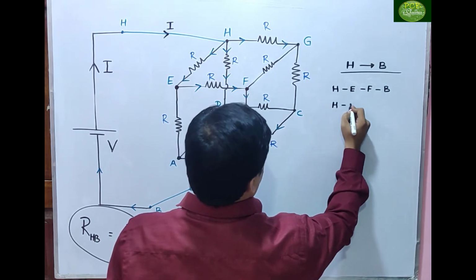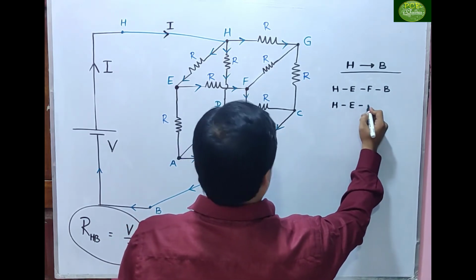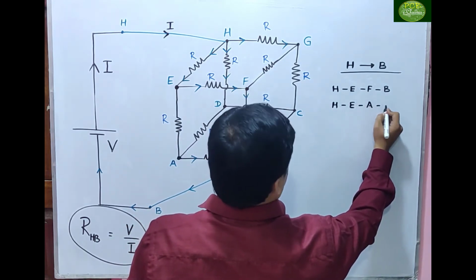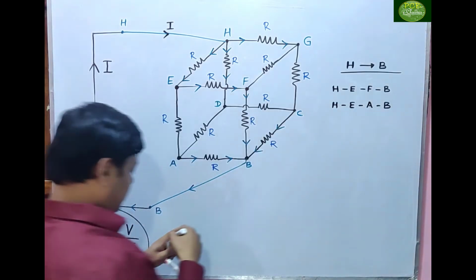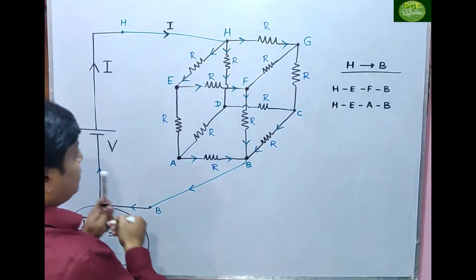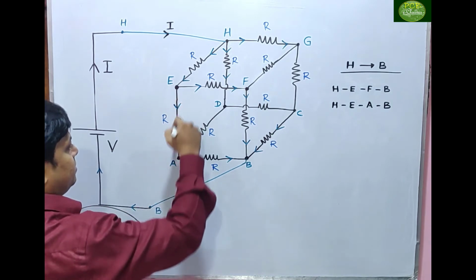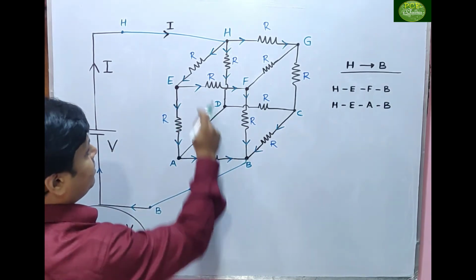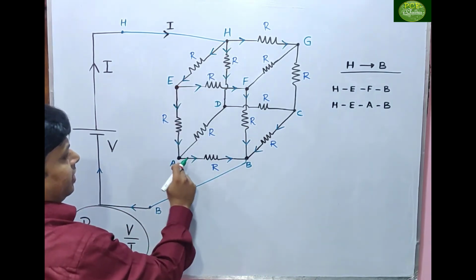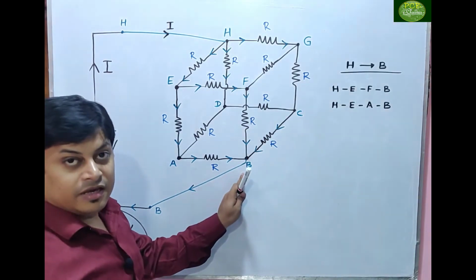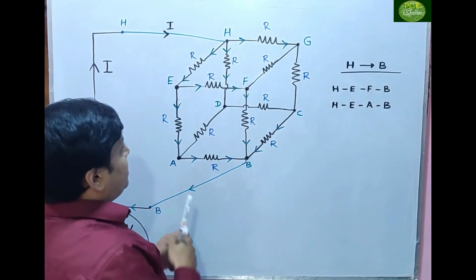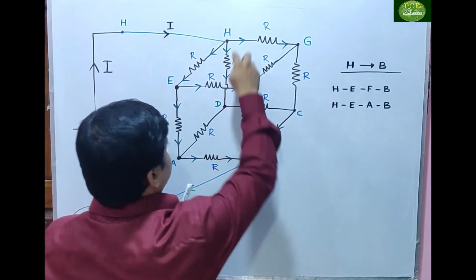H to E, E to A to B. This is one path. So I'll put the current direction, right? H, E, A, B. I'm completing here. Fine. Similarly, we'll go for the others.